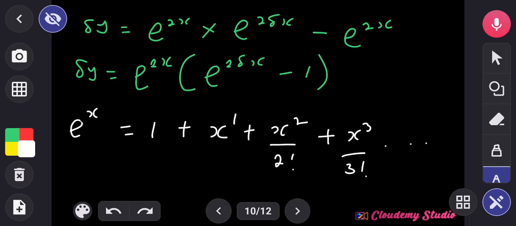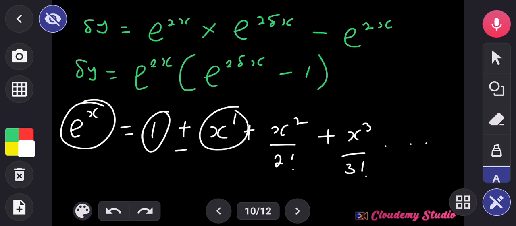Which means our exponential 2x is now going to be what? Exponential x equals 1 plus x to the power 1, which is this x that is here.